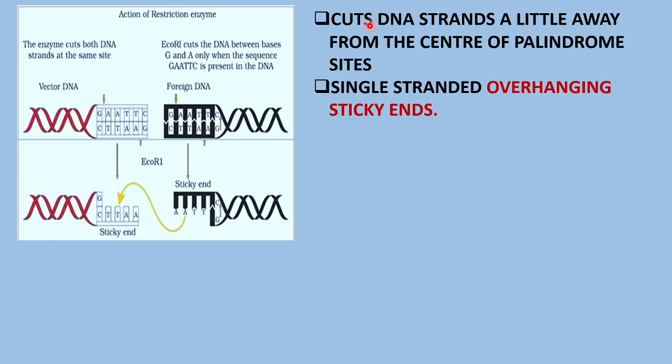Here you can see it cuts the DNA strands a little away from the center of the palindromic site. This is the center of the palindromic site, and it cuts a little away from the center. Now EcoRI is acting, and the DNA sequence gets cut at this particular location.